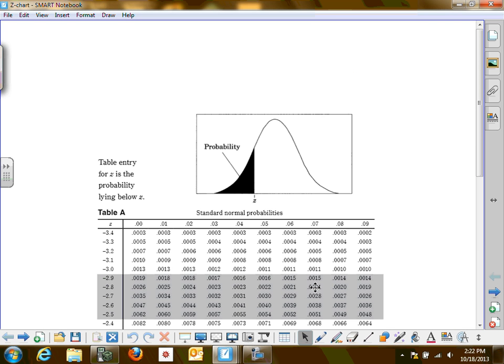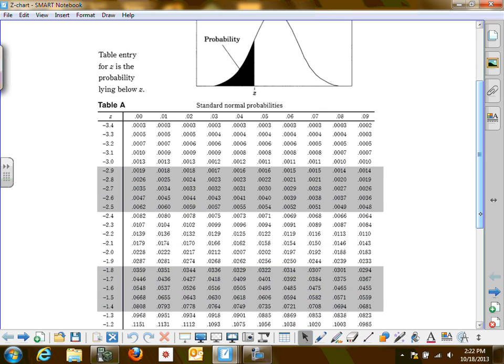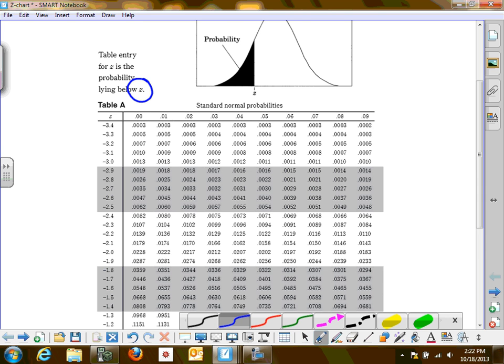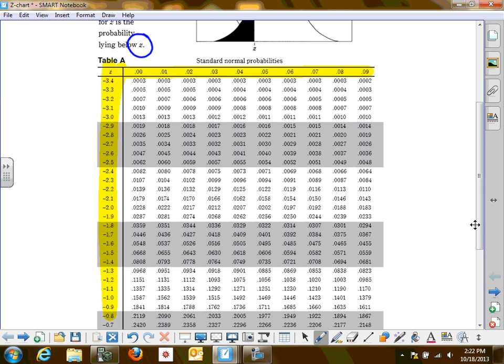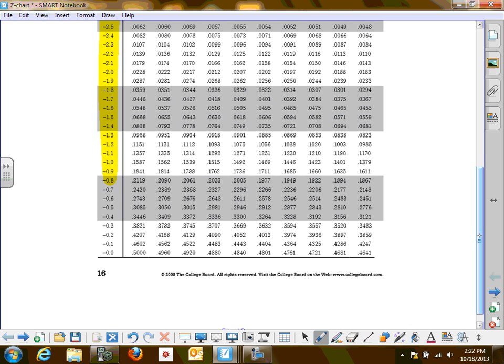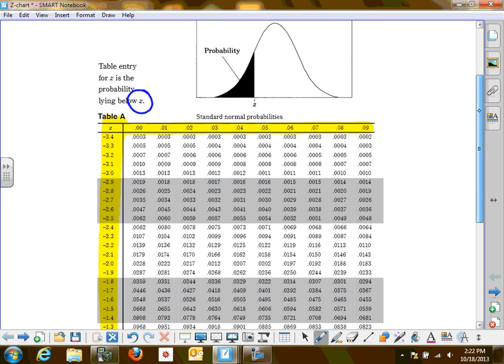This is what the z-table looks like. Now I want to explain what all the parts of this z-table are. This is the second orange sheet in your packet. So here we go. On the edges of this information are the z-scores. Notice all the z-scores on this front side have what sign?